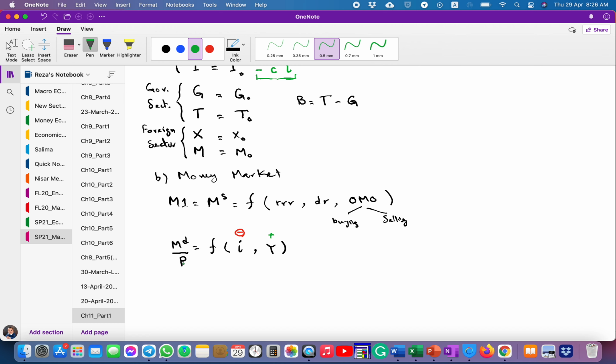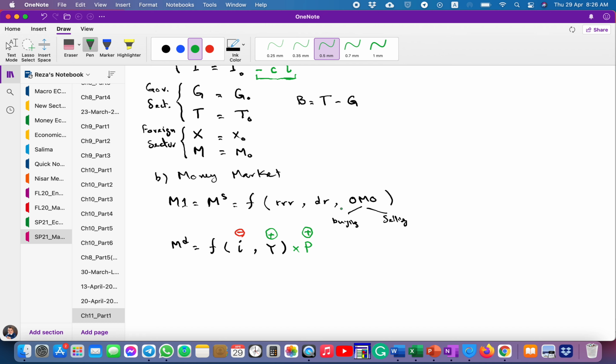And because the price is here, the nominal money demand also has a positive relationship with price. We can write it like this: the nominal money demand is the entire thing multiplied by the price, and if the price or income is increasing, the nominal money demand is increasing, and vice versa.